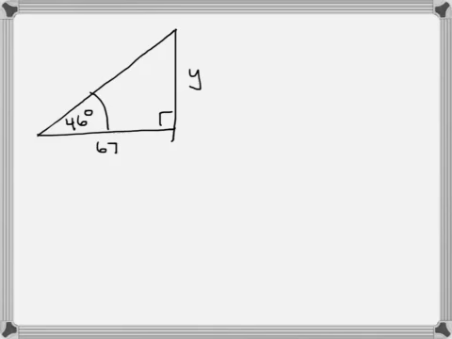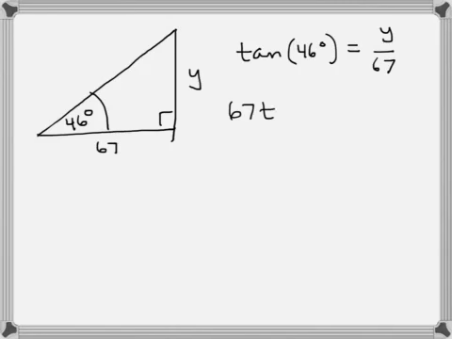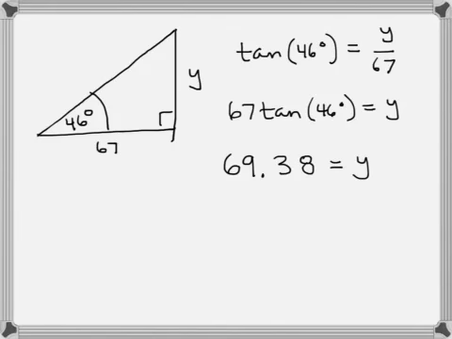The trigonometric function that relates those two is the tangent, and we would have that the tangent of 46 degrees is the opposite, which is y, over the adjacent. So that gives us an equation to solve. We could multiply both sides by 67, and then going to the calculator, that would be 69.38 meters to 2 decimal places.